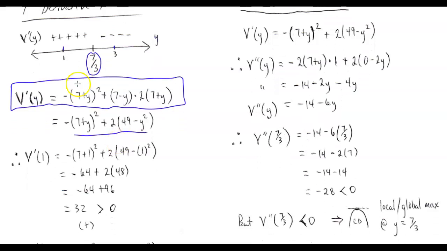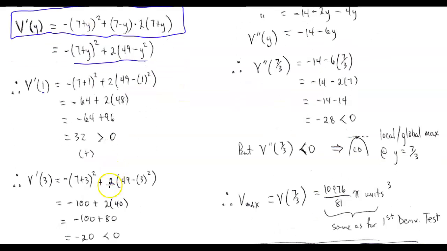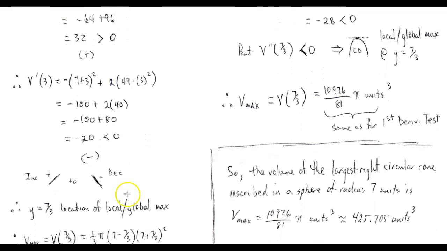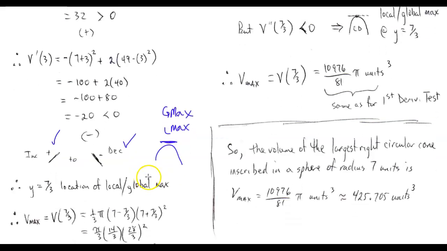And what you see here is that when I plug in 1, which is to the left of 7/3, I'm going to get a positive value for the derivative. And when I plug in 3, I'm going to get a negative value. So you see that down here. And because I went from having positive first derivative values to negative first derivative values, I know that my graph had a local max there, which is in turn a global max at x equals 7/3.